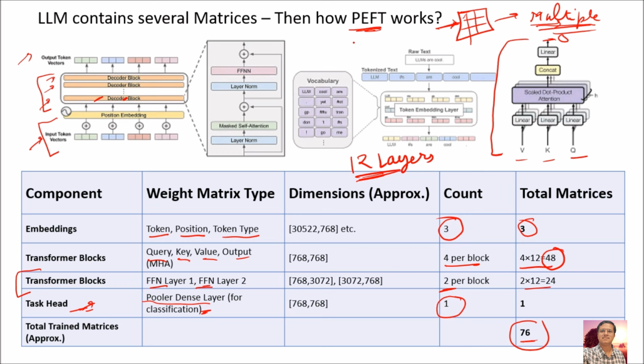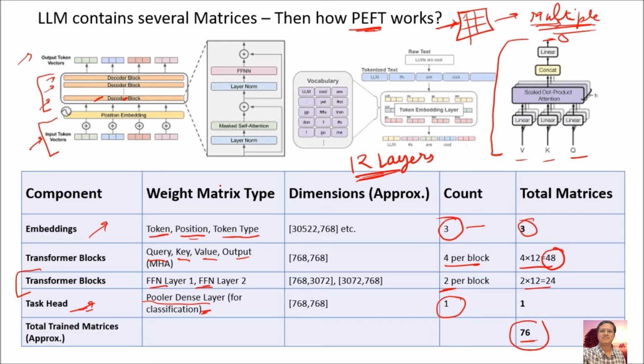Now, how does parameter efficient fine tuning actually work here? Suppose we are applying fine tuning which can change the token position and token type, then we have to apply some changes at the embedding layers.